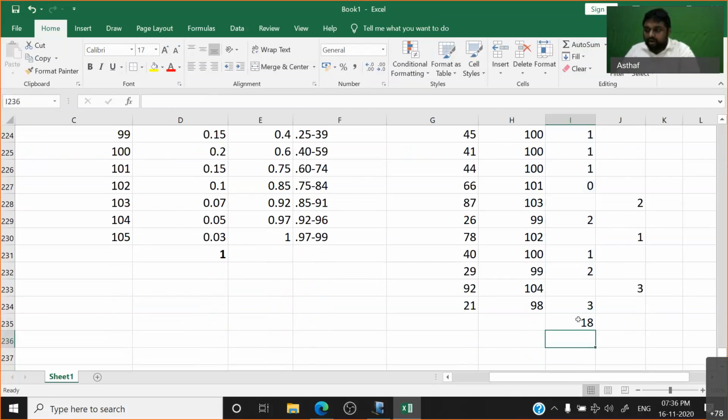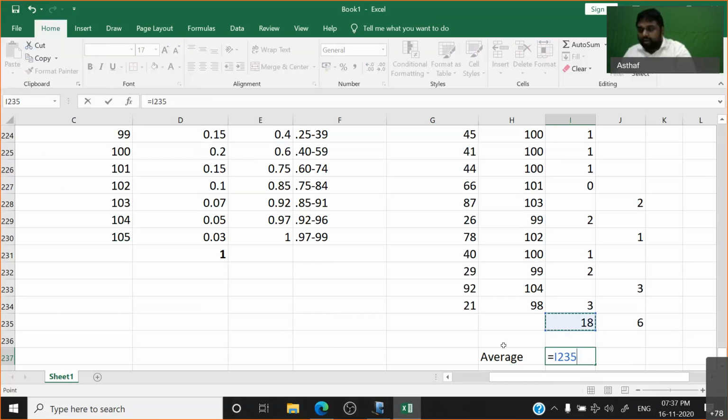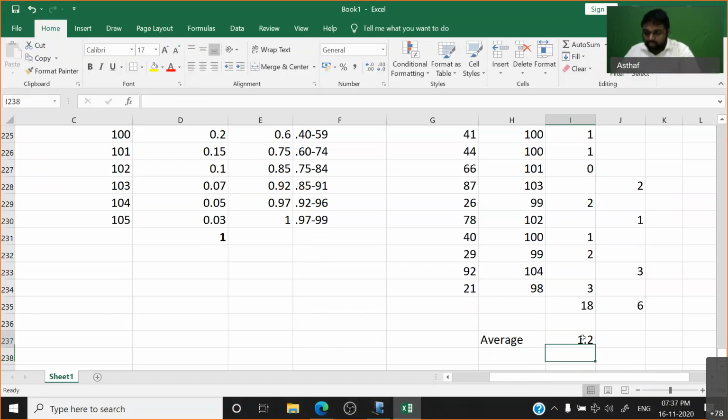So here you will have 18. Here it is 6. So what is the average? 18 divided by 15 items is 1.2. Here you will have 0.2. See how interesting. So we have completed.